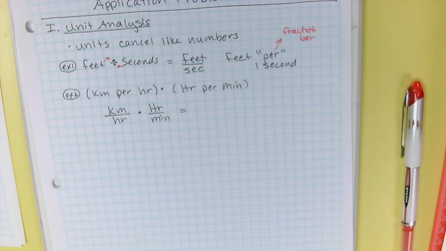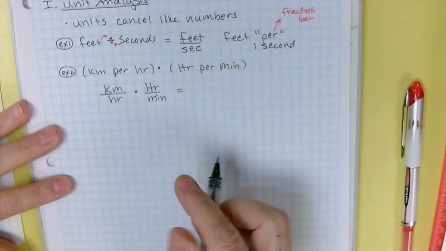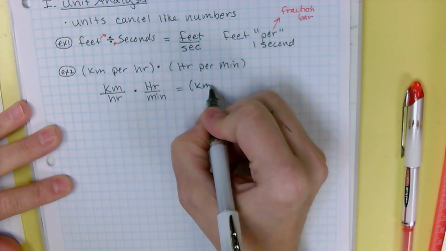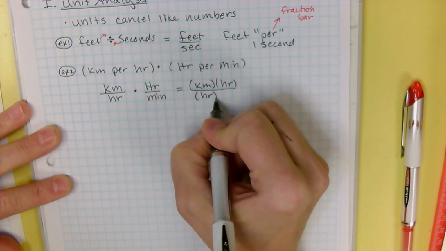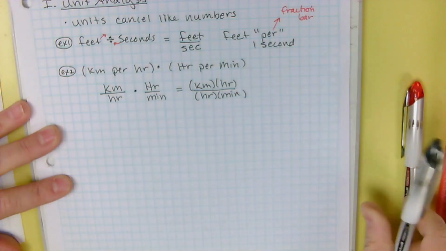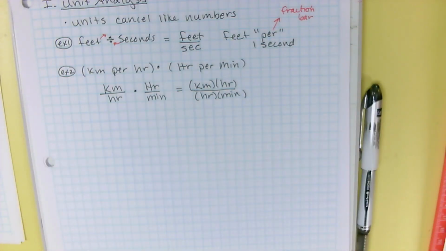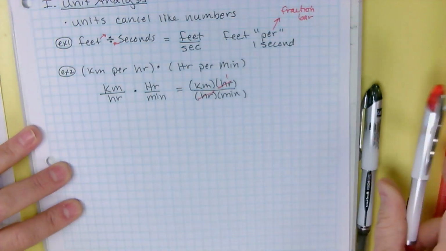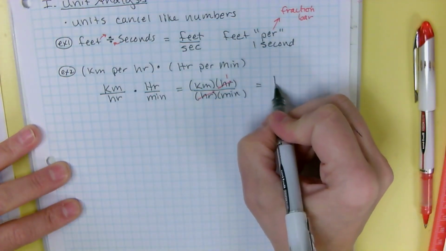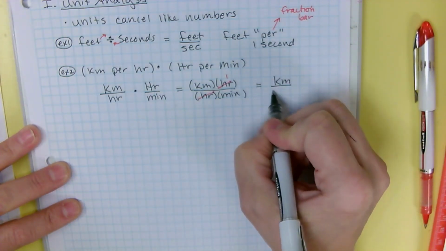This is a lot like prime factoring. You go tops times tops, so kilometers times hours, over bottoms times bottoms, hours times minutes. Just like in prime factoring, when you cancel out the same factor, this is the same way. Hours go into hours one time, and your simplified units are kilometers per minute.